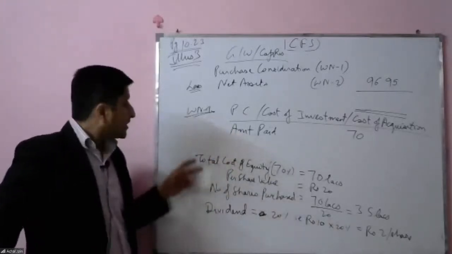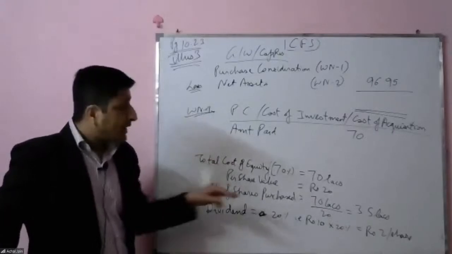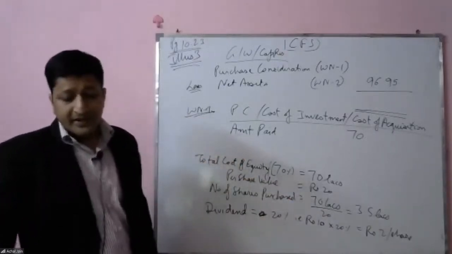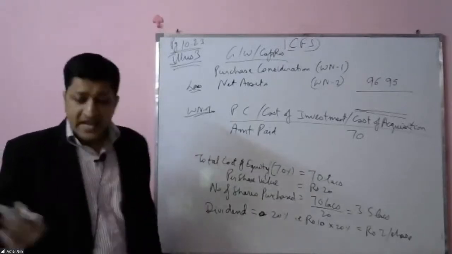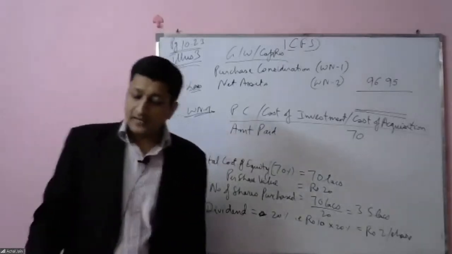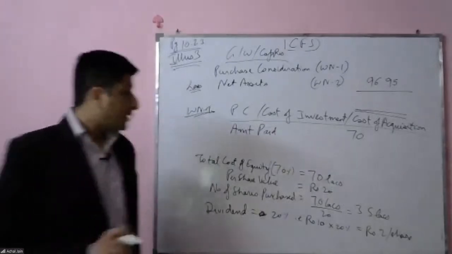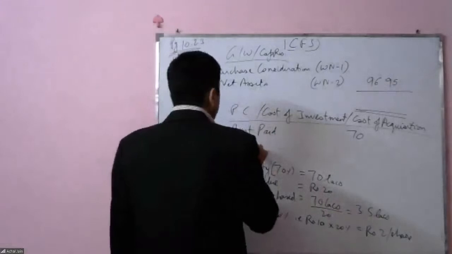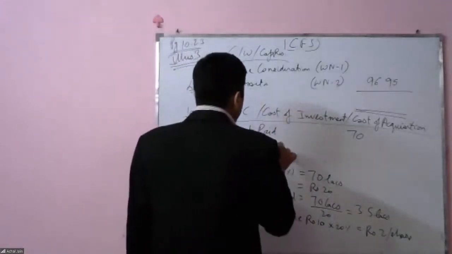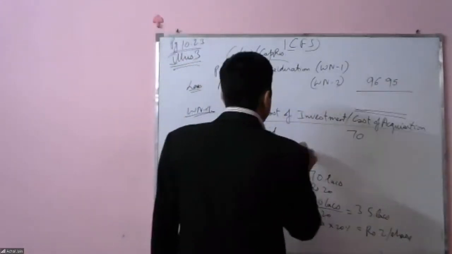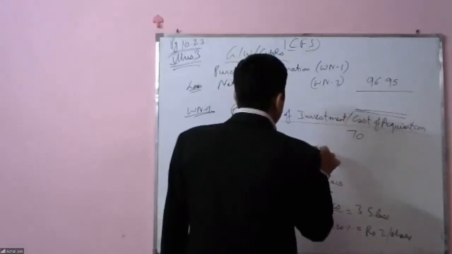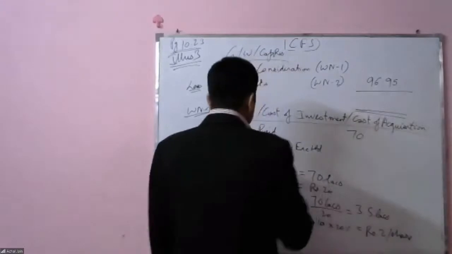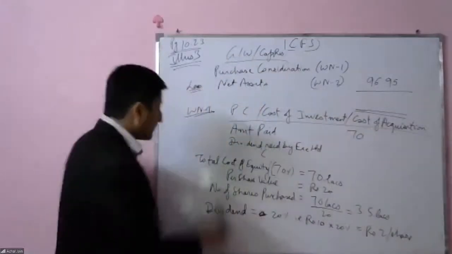So how many shares have been acquired? 3.5 lakhs. So what's the total amount of dividend that would have been paid to X Limited? So we are only looking at the amount of dividend paid to X Limited. So dividend received by X Limited will be, I'll just clear this part now.